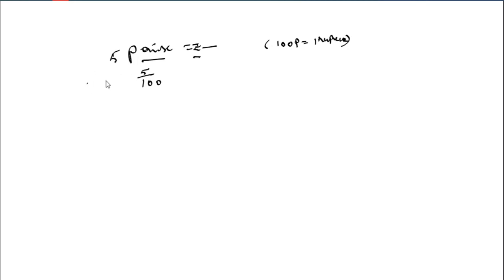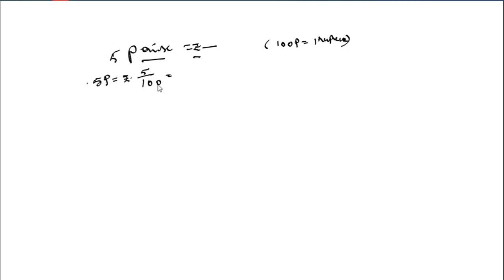That means 5 paisa is equal to 5 by 100 rupees. While dividing a number by 10, 100, 1000, etc., we shift the decimal point to the left as many places as there are zeros over 1.